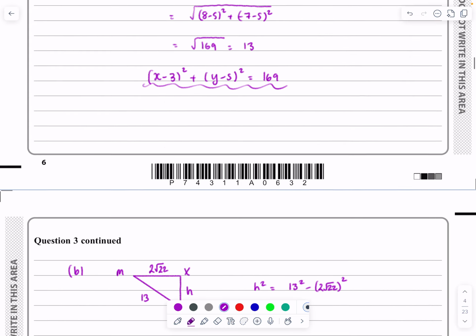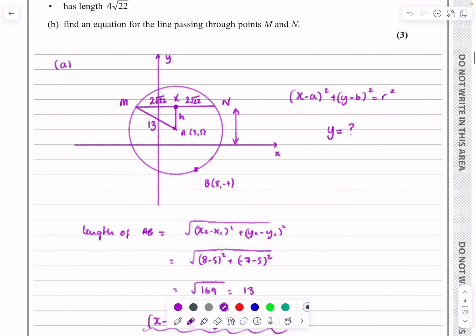Now let's go back and think about what we've got here. I'm doing it in a different colour just so you can see it nice and clearly. I've worked out that this length here is 9. I know that this coordinate here is (3, 5), so I know that that length there is 5, so that means that this height here is going to be 14.